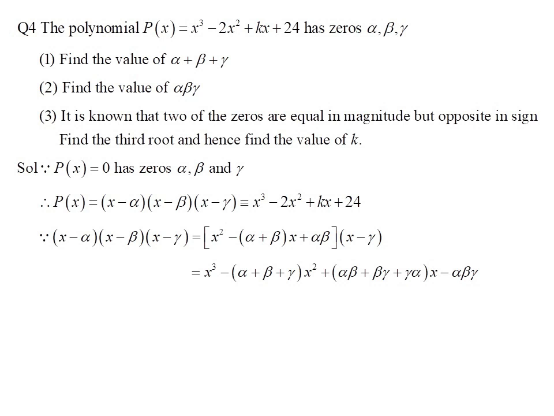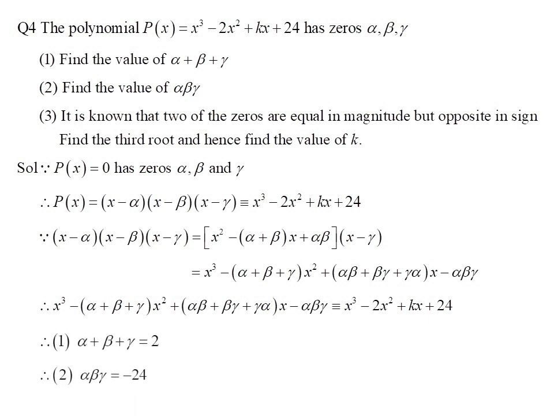Hence, we find the sum of alpha, beta, and gamma equals 2, and the product of alpha, beta, and gamma equals negative 24. Alternatively, we can directly apply the formula established earlier to obtain the results for questions 1 and 2.